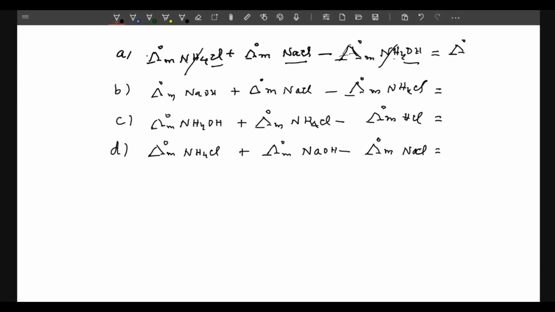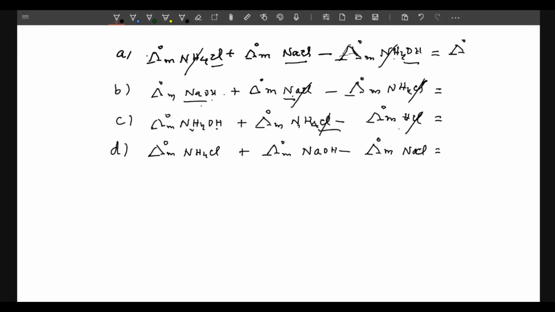And if you take the next one, two sodium ions, one chloride ion gets cancelled, one OH, two sodium and one OH minus ammonium ion. There is no salt formation at all. Here, one Cl and this Cl cancel, two ammonium ions and one OH minus, one H plus.